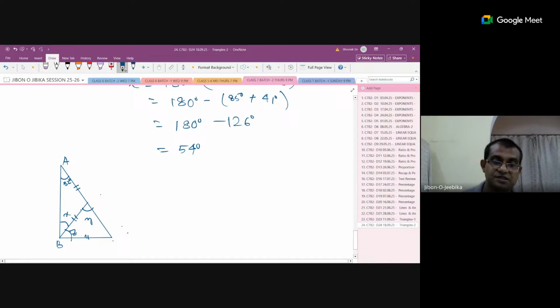We have to check what is the value. So you have to find X, Y, and Z. Just step by step.